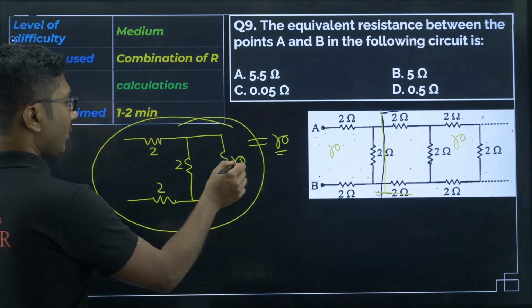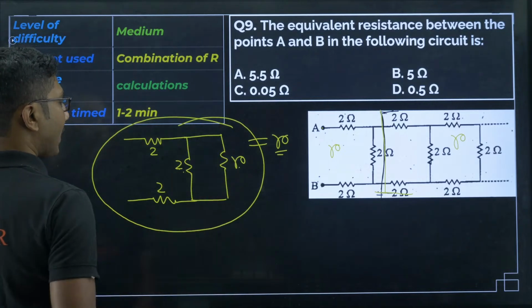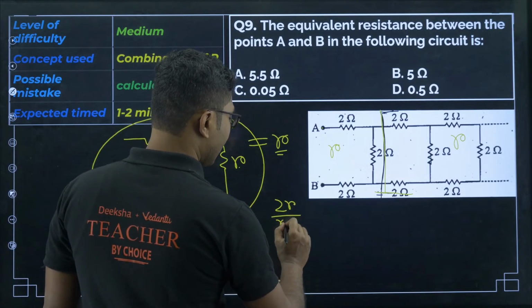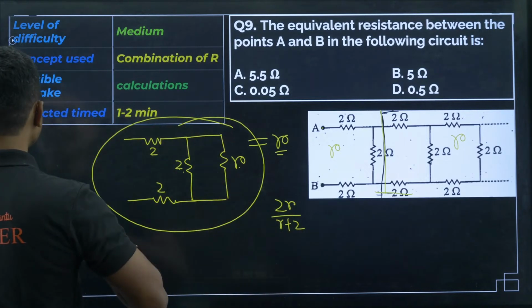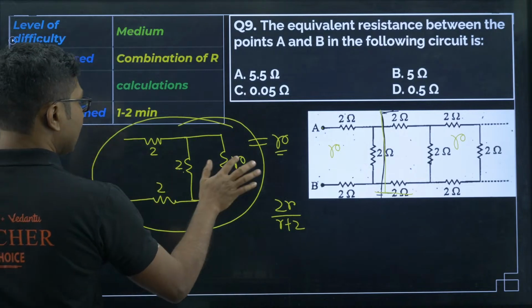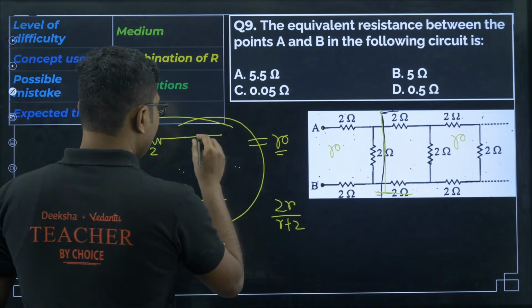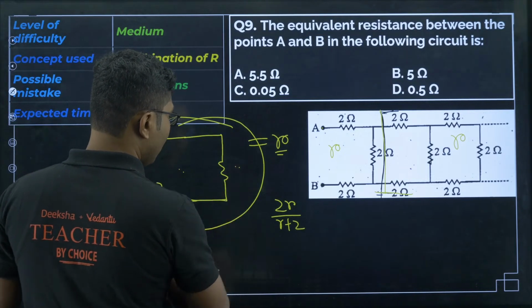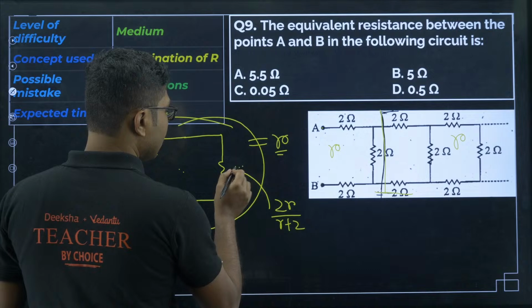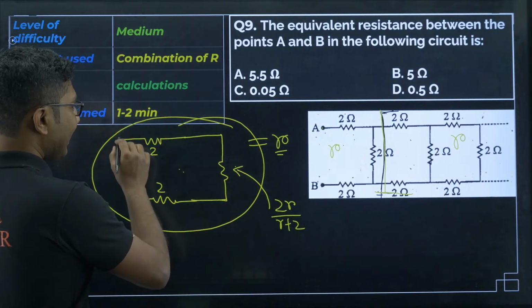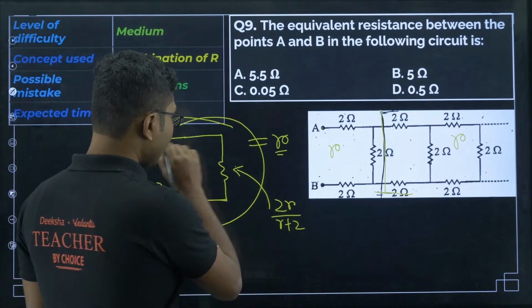First of all, these two are in parallel. So two resistances in parallel give 2R divided by R plus 2. That is the equivalent resistance of this combination. Now this is a common type of problem. If you have not solved this kind of problem, you should solve more. Now these are connected in series. So what is the total resistance?